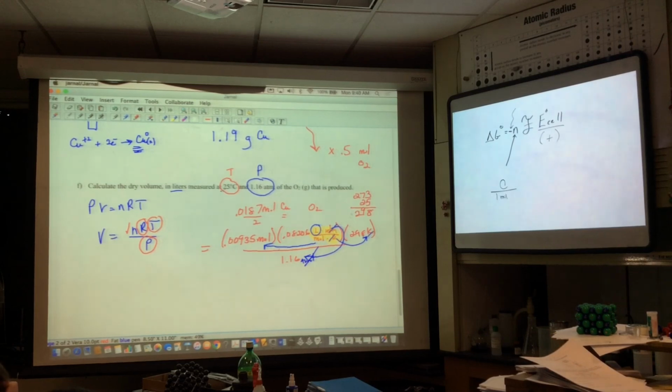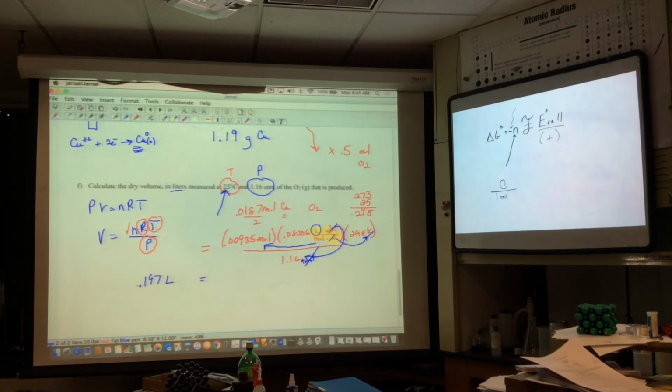And so let's do this craziness. 0.00935 times 0.08206 times 298 divide by 1.16. And if I didn't make any mistakes, which is at all possible, I get 0.197 liters. Now, 2 sig figs there.